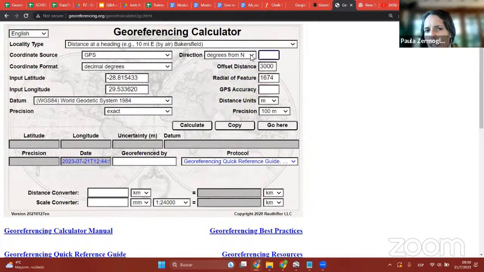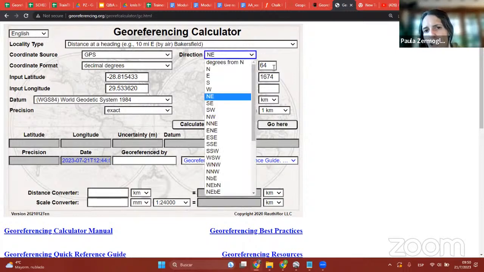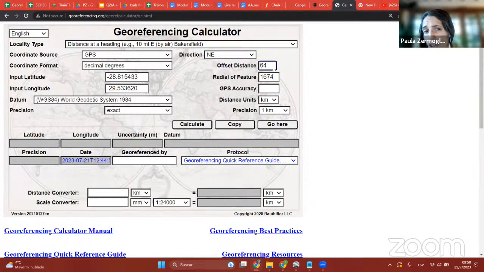So the calculator already gives us the options that we need to reference that. So if you have 64 kilometers, here would be 64 kilometers northeast. So I look here for northeast, and that will do it. And so you would have to find the town that is the reference, find the radial of that town, etc. And you can put the direction and the distance here.